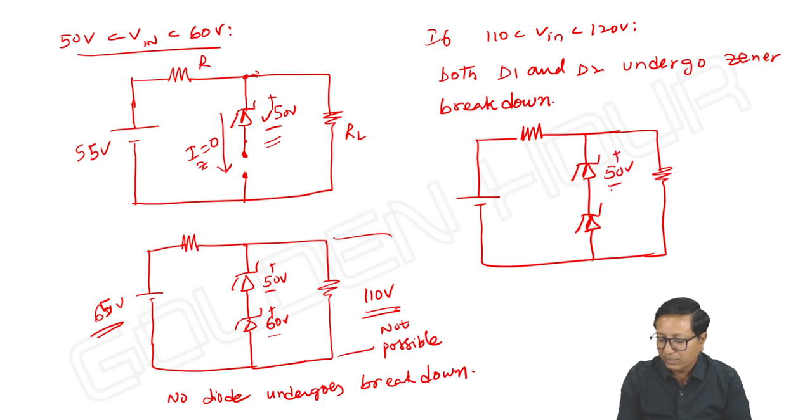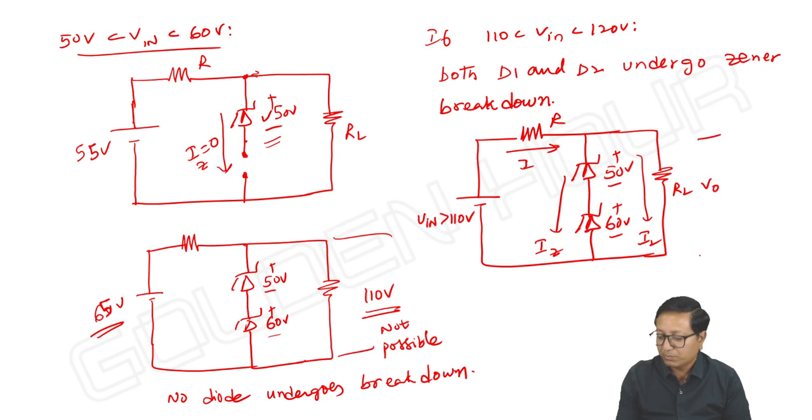Across this it is 50 and here it is 60 volts, with V input greater than 110 volts. This is I, this is Iz, and this current is IL. V output is equal to 110 volts, Vz1 plus Vz2, which can be seen across RL.